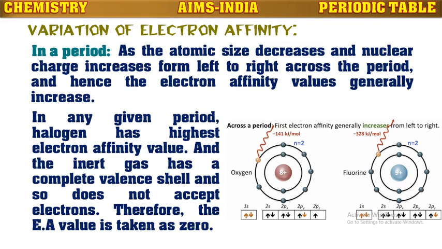Therefore, the electron affinity value is 0 for them. So, in a period from alkali metals to halogens, electron affinity gradually increases. But coming to noble gases, it will be taken as 0 because they have a completely filled electronic configuration.